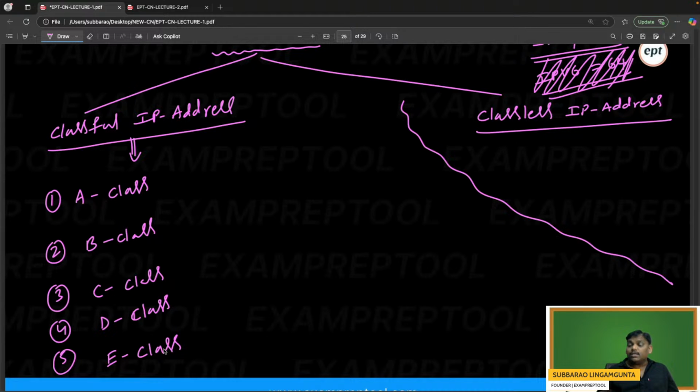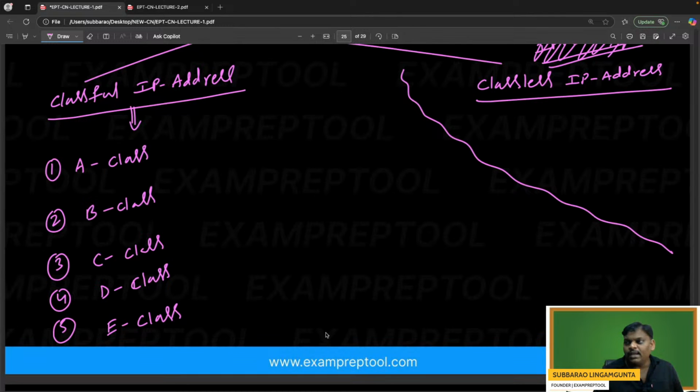When you say classful, it means classes are there: A class, B class, C class, D class, E class. How they are, you will see now. In India also, so many cities are there: Delhi, Mumbai, Hyderabad, Pune, Bangalore, Calcutta, Chennai.